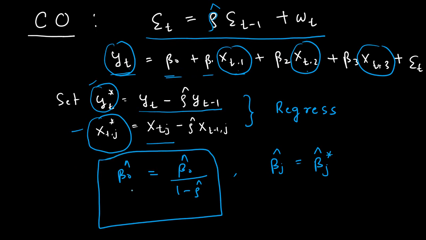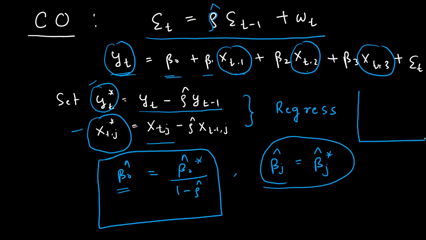The intercept beta naught, the original estimate, can be found by beta naught star divided by 1 minus rho hat. Whereas the slope coefficients are always going to be the same. The reason is that we have done only a linear transformation, a parallel transformation, so it is only going to change the intercept, not the slope coefficient.